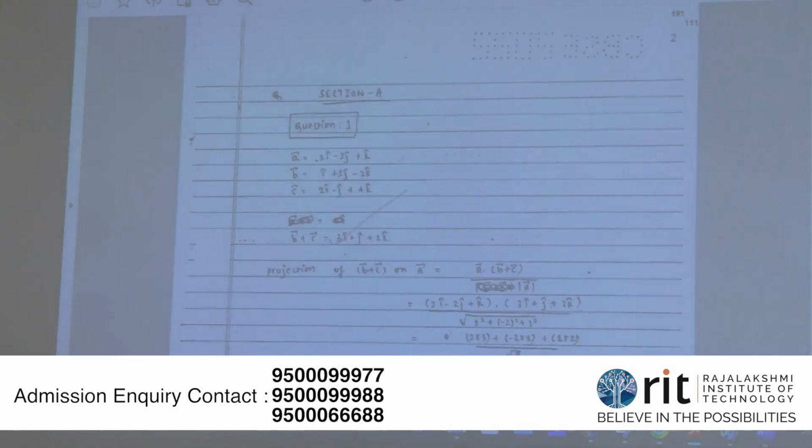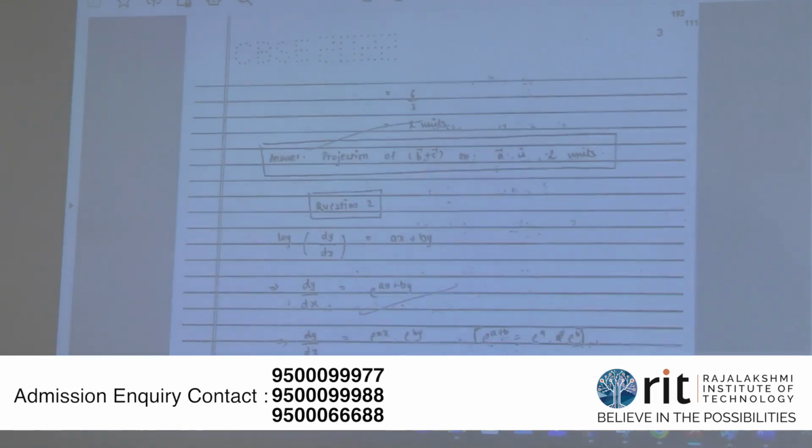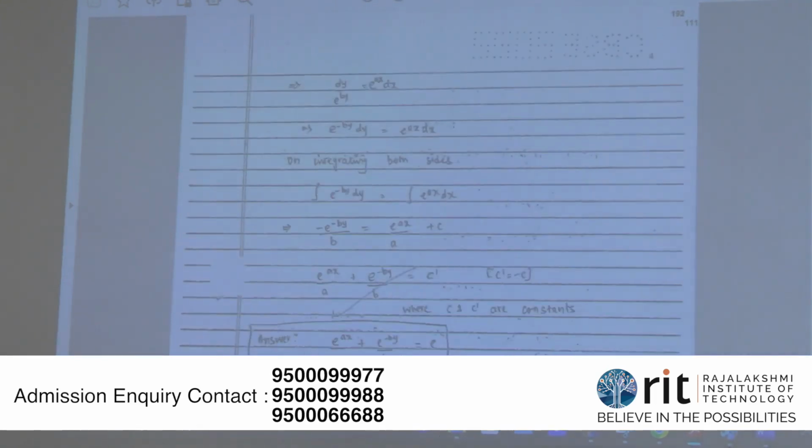Write the formula. Put the cursor down. Okay. Write the formula, especially in chapter number 9, differential equation, where students make mistakes. If the question is from the linear differential equation, then they never write that this is the linear differential equation dy by dx plus py equals q, where p is this, q is this. If you are not writing that, then 1 mark is sure to be deducted.